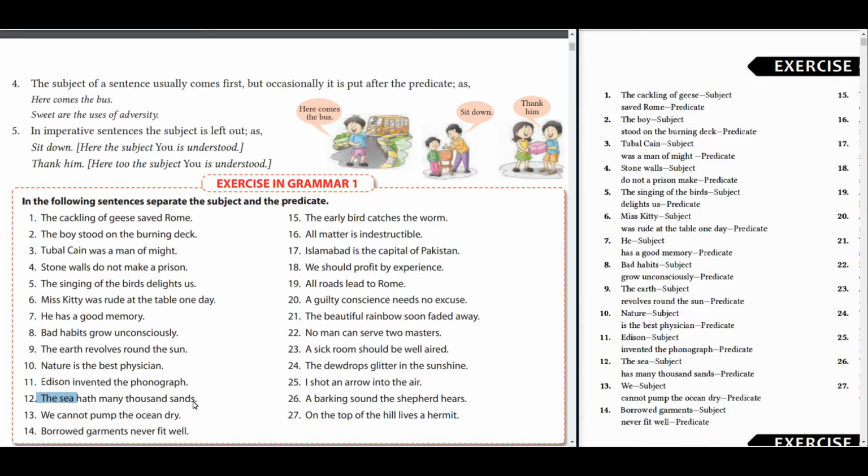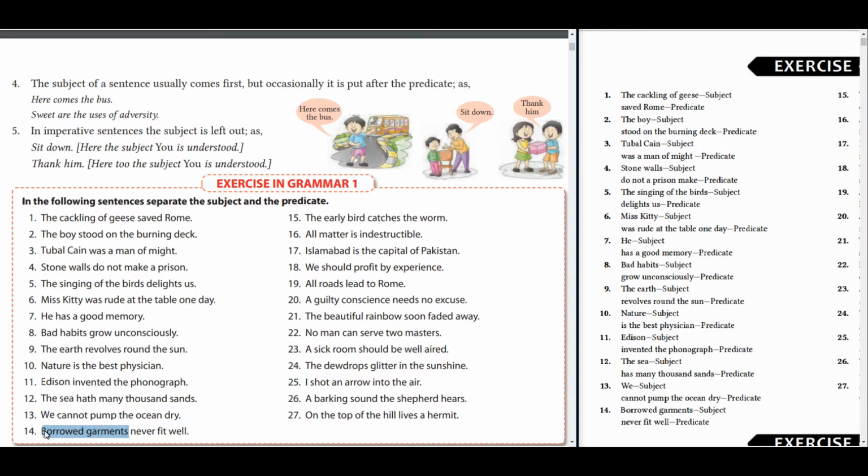Hath many thousand sands: hath is Old English, it means it has or it contains. We cannot pump the ocean dry. We is a subject. The rest of the sentence is a predicate. Very simple.